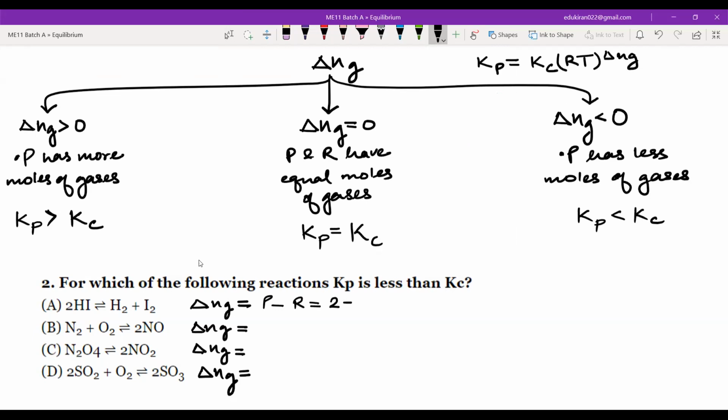And how many moles in the reactant? Sir, 2. Yeah, so 0. What about here, in the B part?